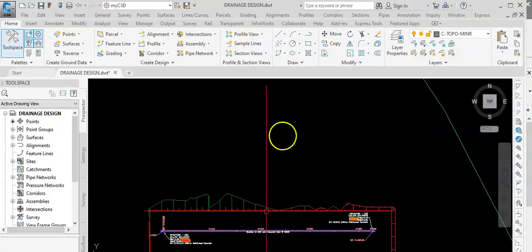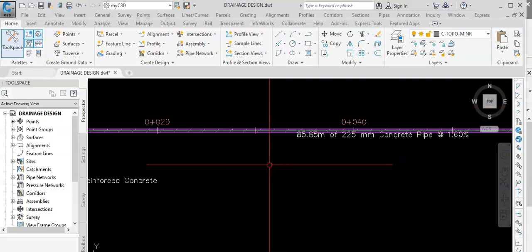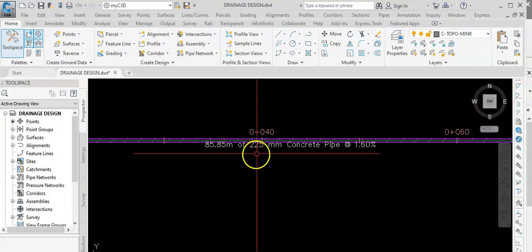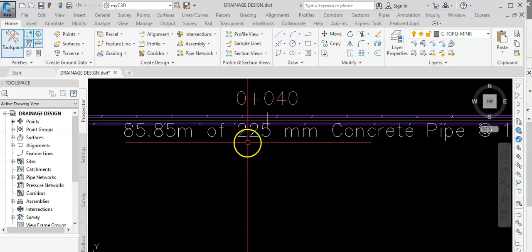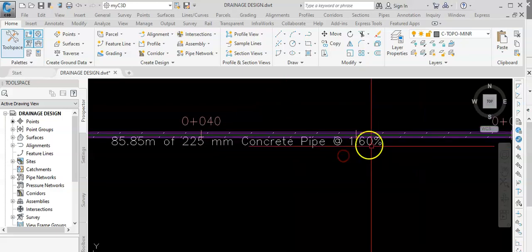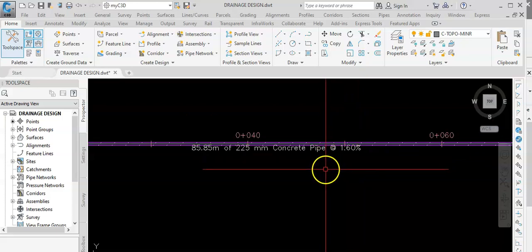For example, this pipeline we've been given tells you the size of the pipe is 225 millimeter, and it's a concrete pipe, with 1.6% gradient, which is the fall we need.